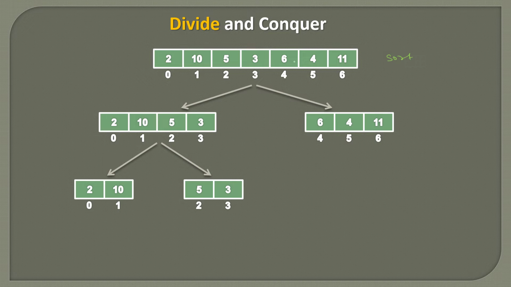This algorithm is pretty much recursive in nature. So we take this smaller half and break it down into two halves. After breaking this 0 and 1, we are left with single elements 2 and 10. Here the algorithm decides that we can't break 2 and 10 further down. So the divide part is done for this piece.